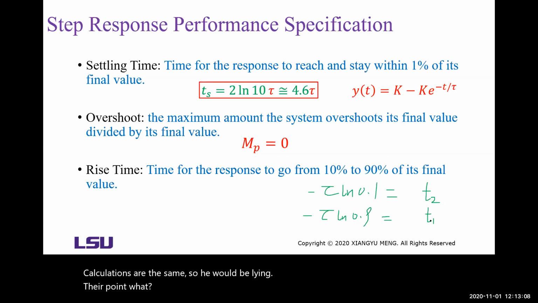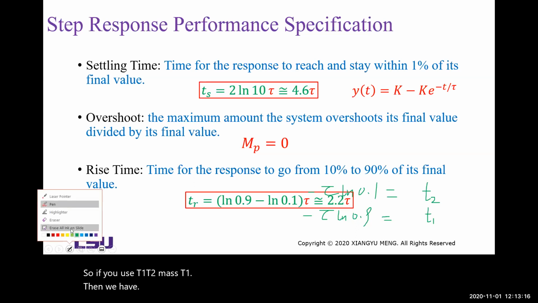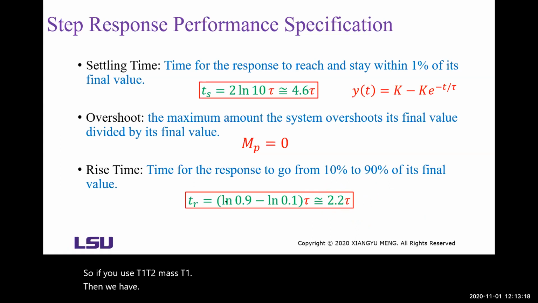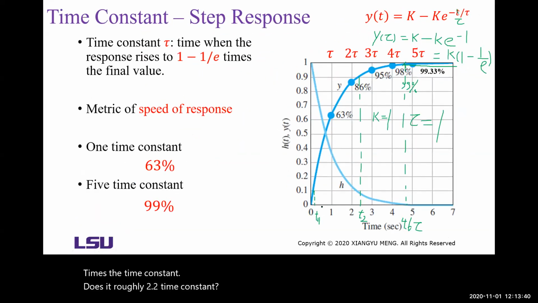So T2 minus T1 is ln 0.9 minus ln 0.1 times the time constant. So it's roughly 2.2 time constants. So from here to here, it's roughly 2.2.